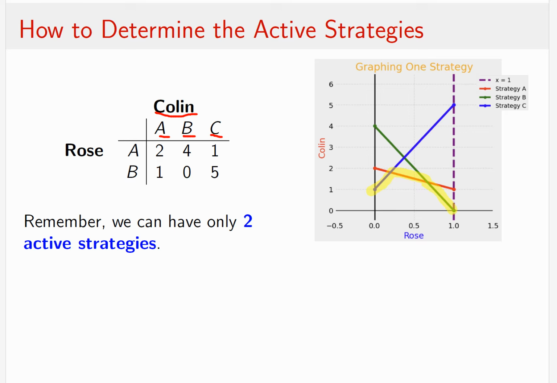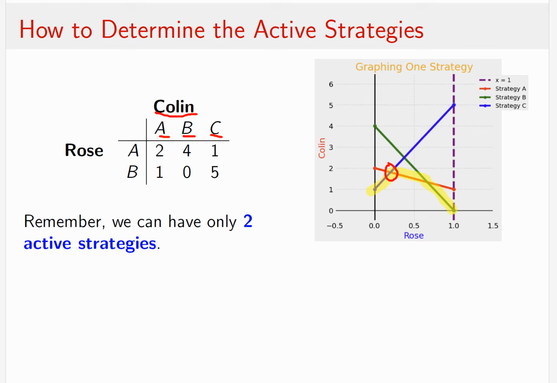So what's Rose going to do? Rose is choosing what percentage of the time she's playing A or B. So she's playing along the x-axis, and she's going to play in a way that she can get to this point here. That intersection of the red and blue is the maximum value on the lower envelope. We know that Colin's going to do his best to play along that lower envelope.